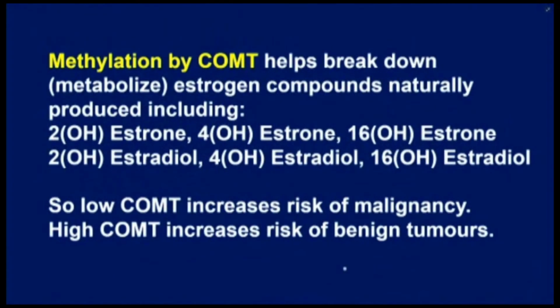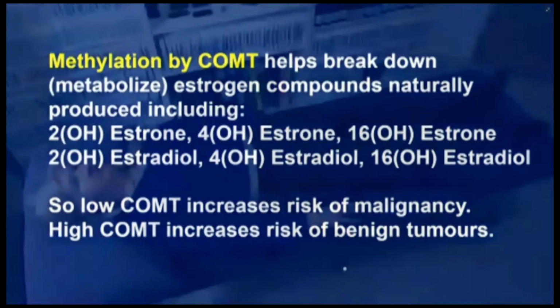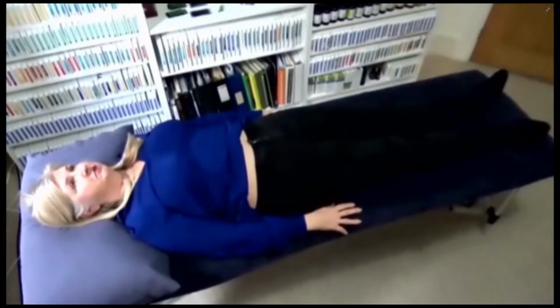Methylation by COMT helps break down or metabolize naturally produced estrogen compounds, including, as I mentioned, the 2, the 4, the 16 hydroxylated estrogens, the 2, the 4, the 16 hydroxylated estradiols. So low COMT increases the risk of malignancy, and high COMT increases the risk of benign tumours and growths like fibroids. So let's have a look at this.